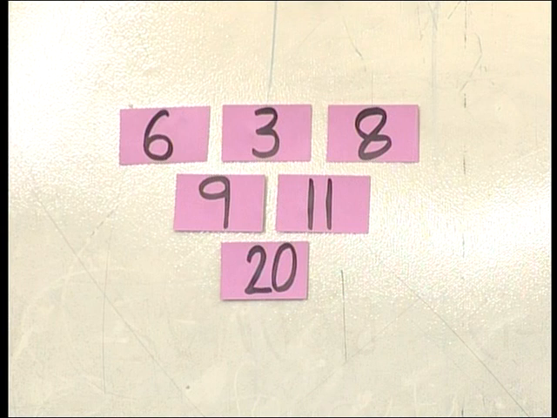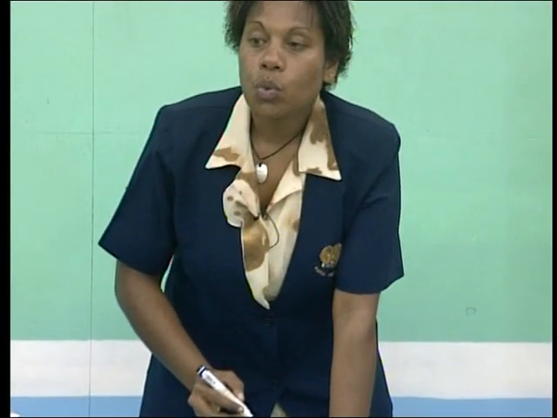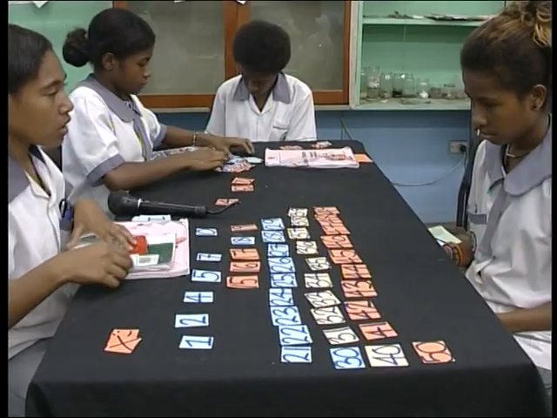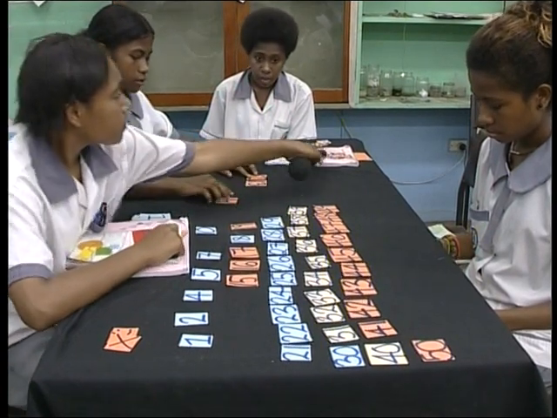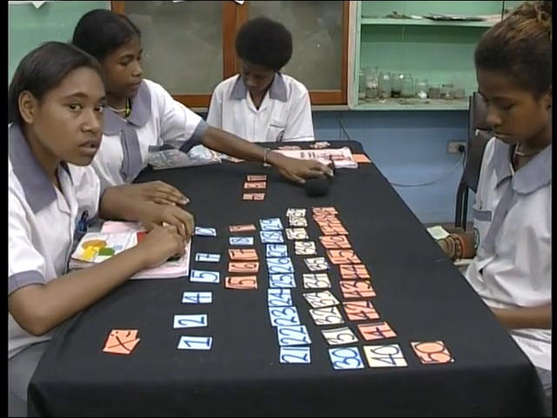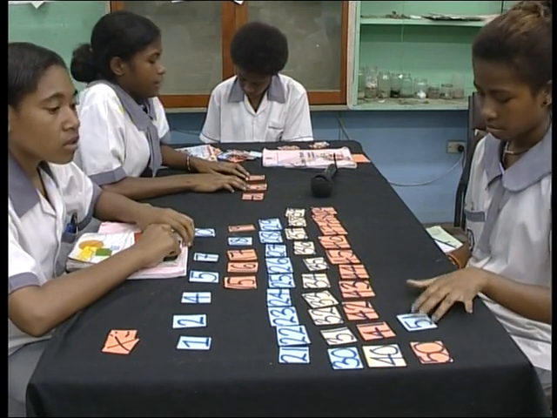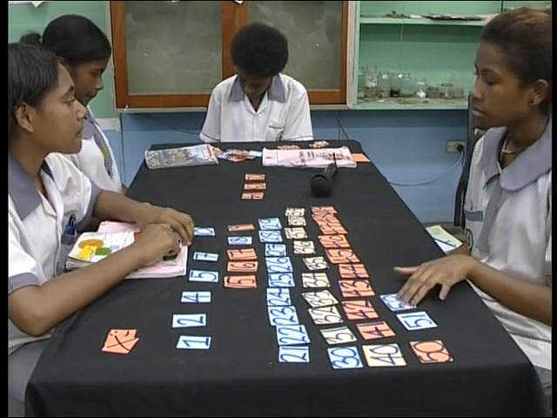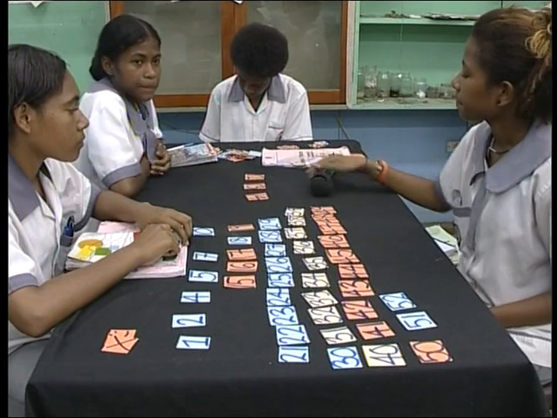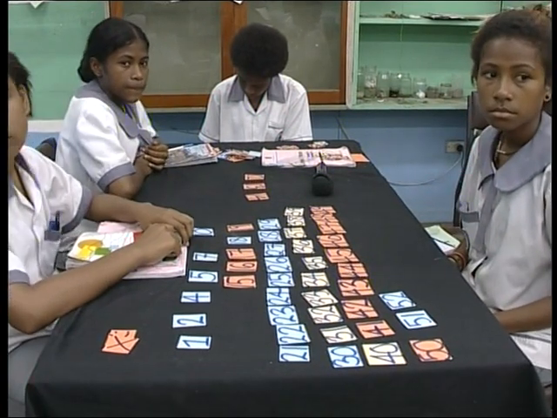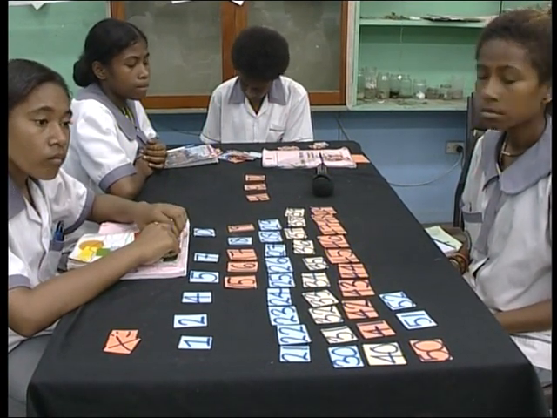Okay, this time I'd like you to take out numbers 12, 13, and 14. Receiving students, take out the numbers 12, 13, and 14. And I want you to form your tower totals out of those three numbers, 12, 13, and 14.